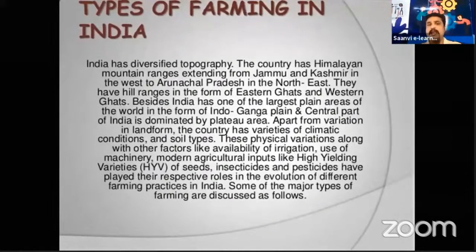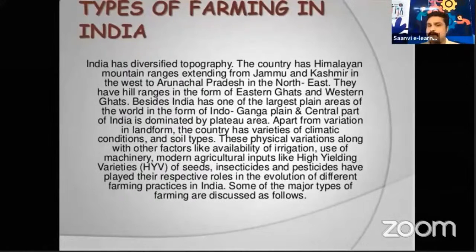These physical variations, along with other factors like availability of irrigation, use of machinery, modern agriculture inputs like high yielding variety, high yielding, nothing but hybrid seeds available, and more production, it means we get more yield. Hybrid or high yielding variety seeds, insecticides, and pesticides have played their respective role in the evolution of different farming practices in India.